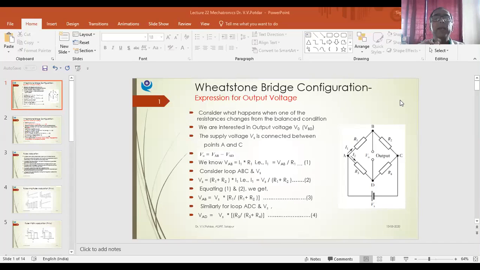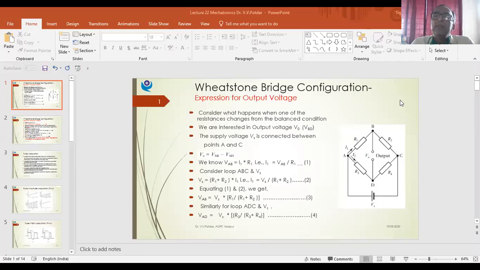Remember, we are into the second chapter, that is Unit 2, signal conditioning devices, and in signal conditioning devices, we are studying the converting circuits or conversion circuits. And as we discussed yesterday, Wheatstone bridge is one of the conversion circuits. Now, what sort of conversion does it do?